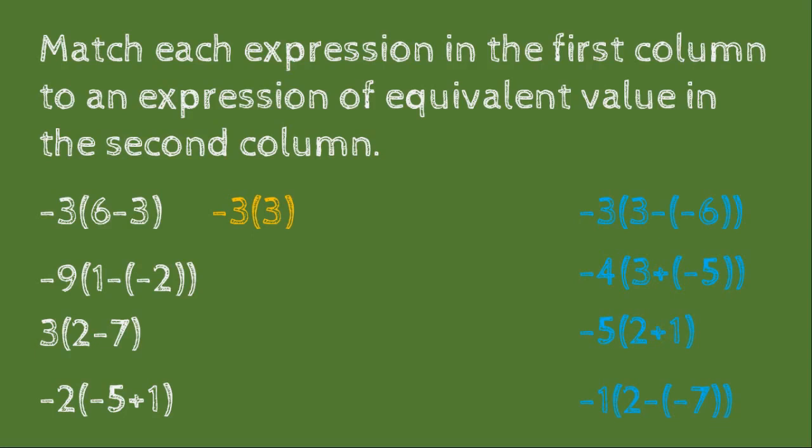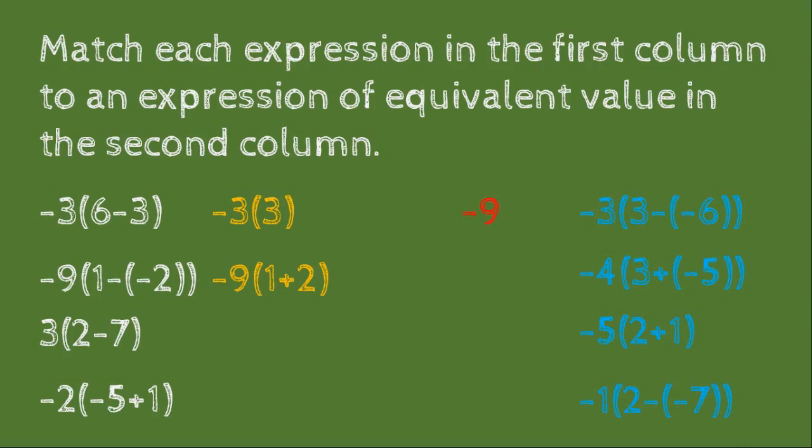So we can just simply simplify from this forward. Negative 3 times parentheses 6 minus 3. We can simplify 6 minus 3, that's 3. Negative 3 times 3 is negative 9. We continue. 1 minus negative 2, minus and minus becomes plus.